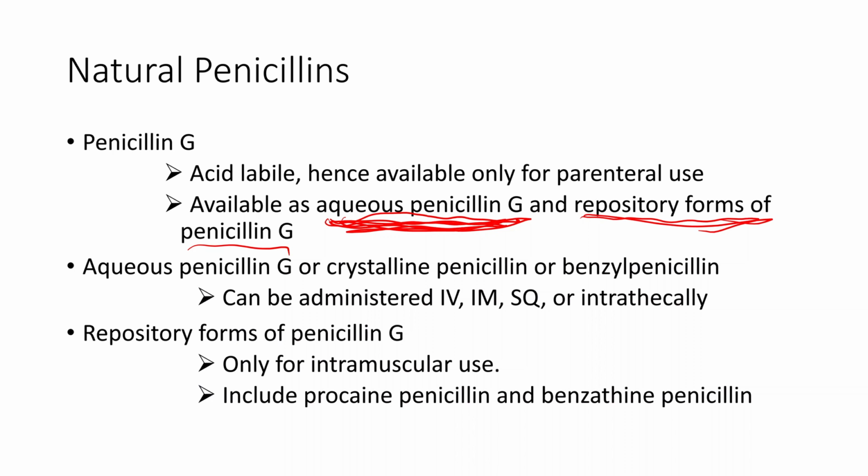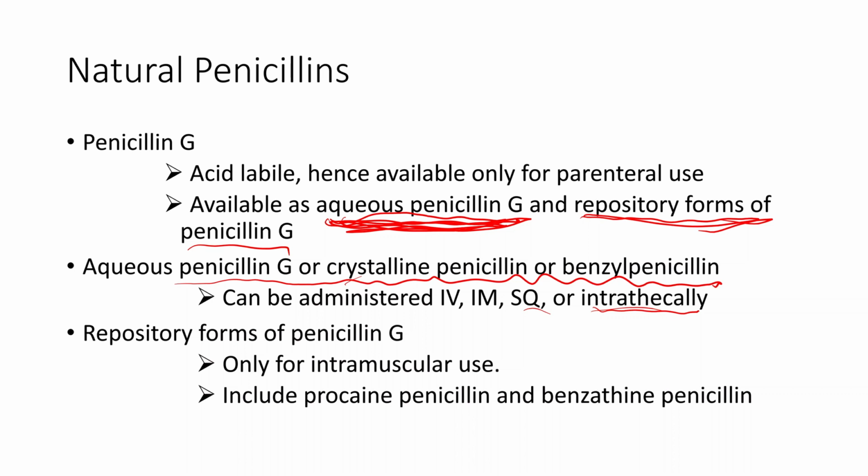So we'll talk about the aqueous penicillin, or crystalline penicillin, or benzyl penicillin. They can be given intravenous, intramuscular, subcutaneous or intrathecally, that is into the subarachnoid space. When there is a CNS infection, we give it intrathecally, and that works fast. So those are the aqueous penicillins.